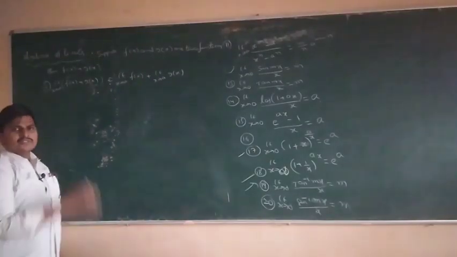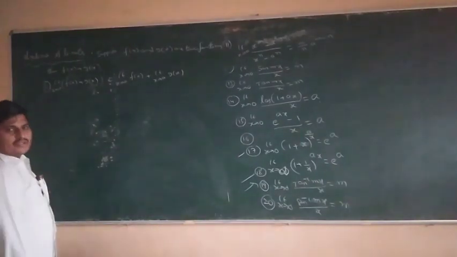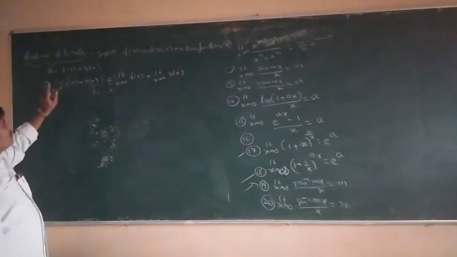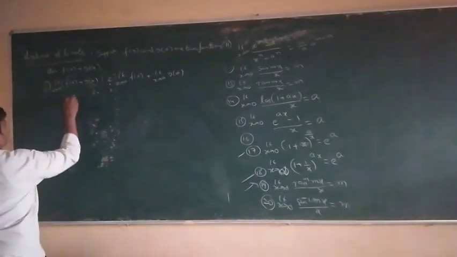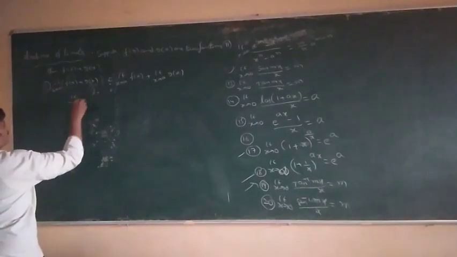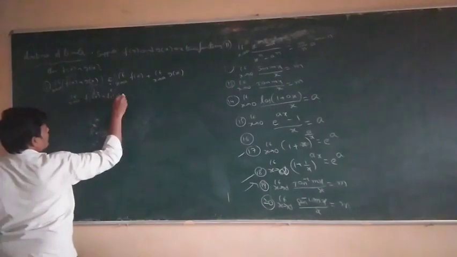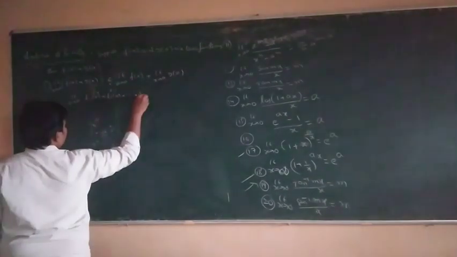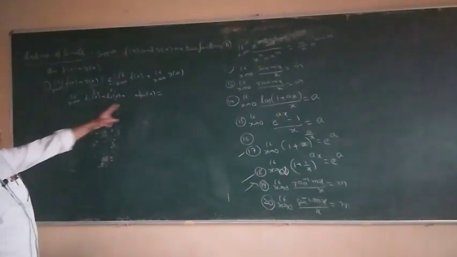Not only 2 functions, 3 or 4 and so on. For example, limit x tends to a f1 of x plus f2 of x plus and so on plus fn of x is equal to, how many functions are there?